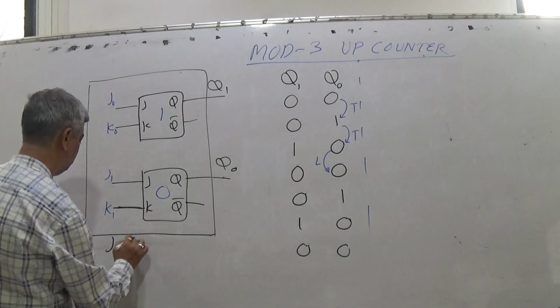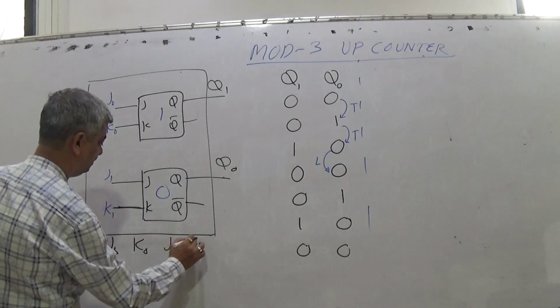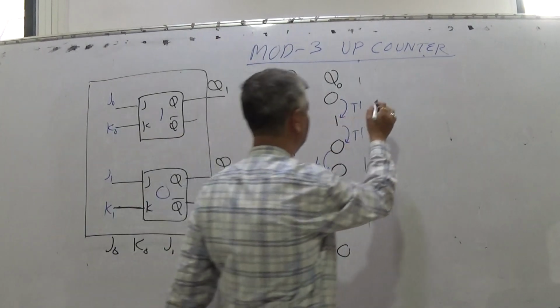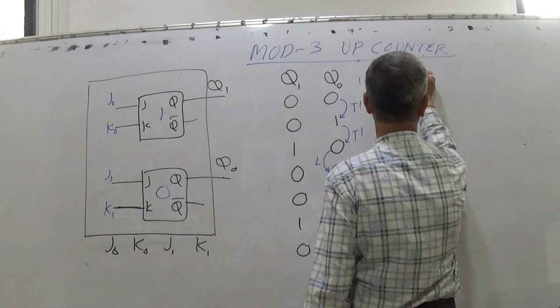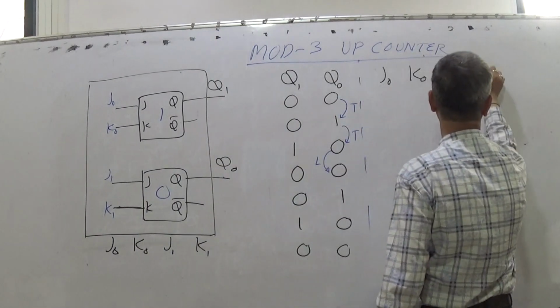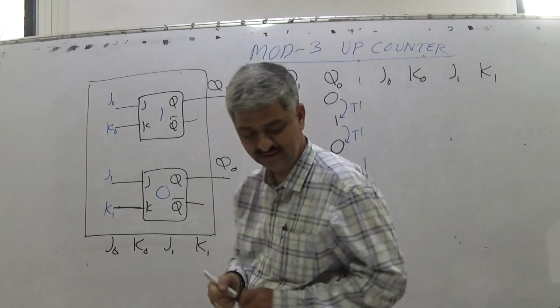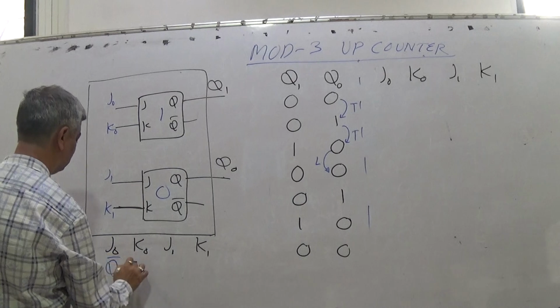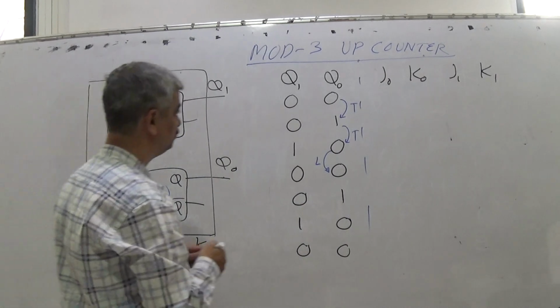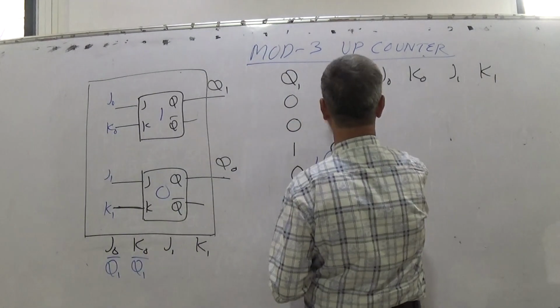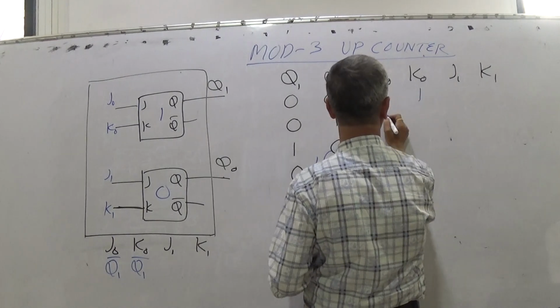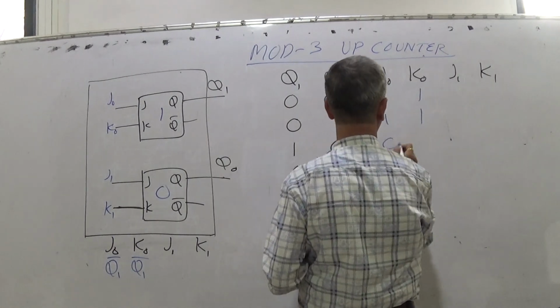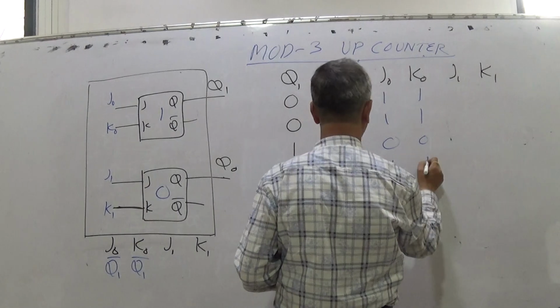So J0, K0, J1, K1. I will also write here J0, K0, J1, K1. So what I will define, J0 as Q1 bar and K0 as Q1 bar. So what will be there? Q1 bar is 1, 1, Q1 bar is 1, 1, Q1 bar is 0, 0, Q1 bar is 1, 1.